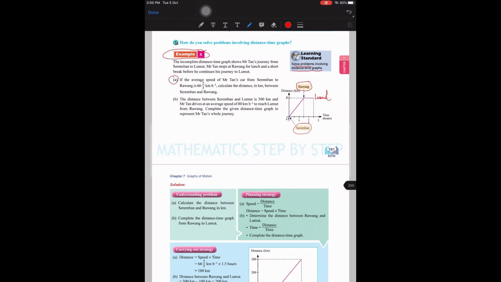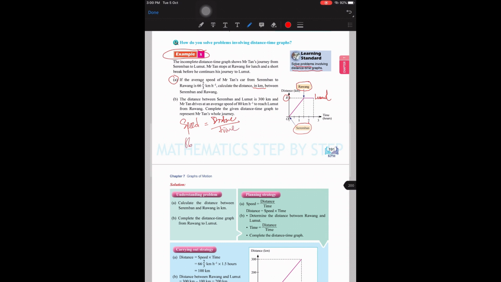Part A. If the average speed of Mr. Tan's car from Seremban to Rawang is 66 and 2/3 km per hour, calculate the distance in kilometer between Seremban and Rawang. Okay, so the distance is R. So we know that speed equals distance over time.